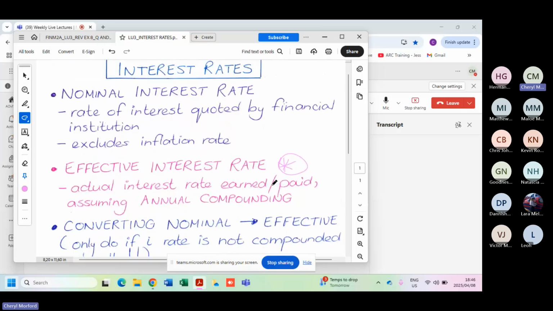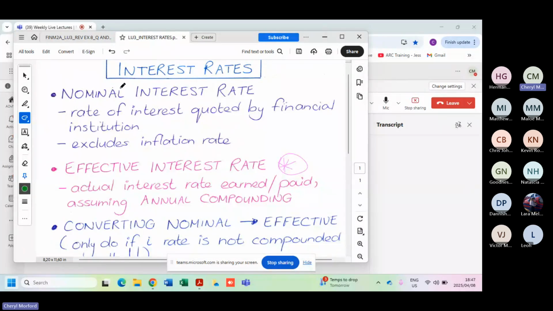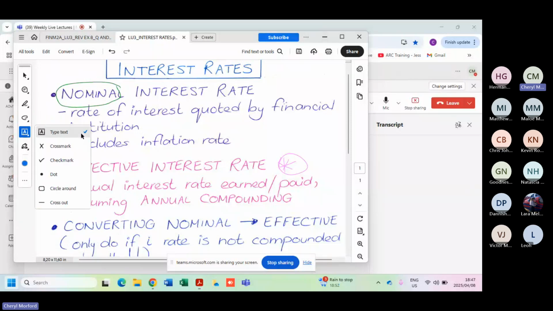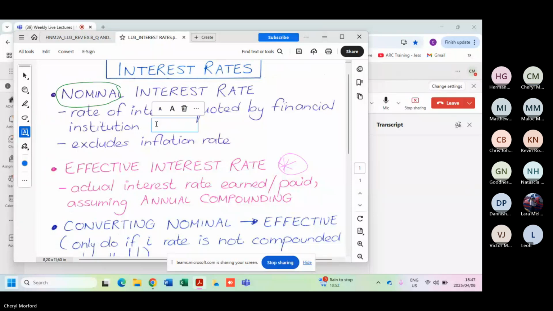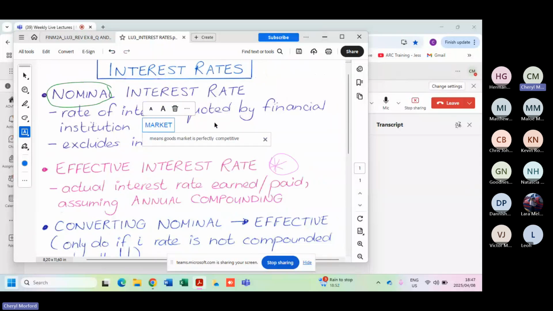So what's this other stuff I've got at the top here? We've got something called a nominal interest rate. This is simply a market interest rate. Market interest rates are the rates that the banks quote, and they also do not include the inflation rate.